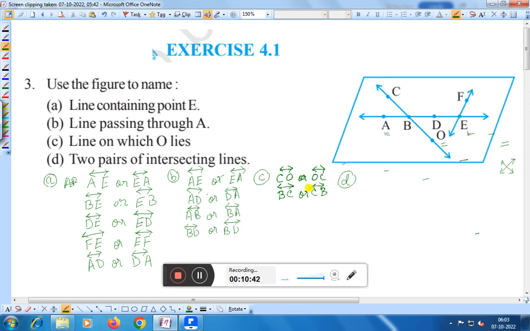Now question number D. Two pairs of intersecting lines, right? This is intersecting lines.